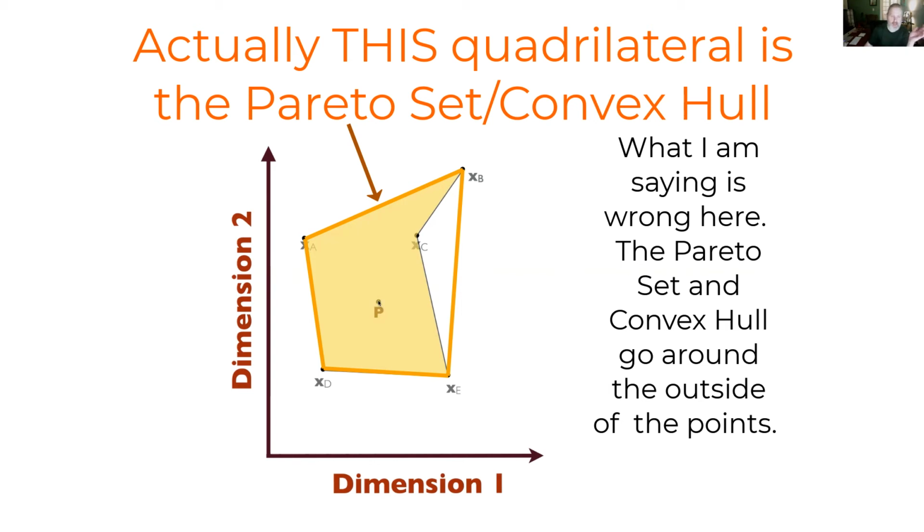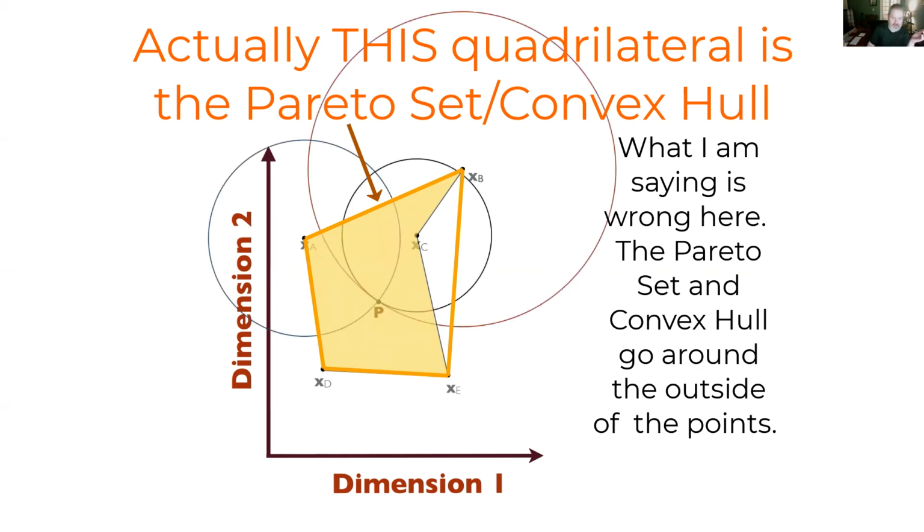So if I drew everyone's indifference curves, and I can do that because I've already done it. If I move away from P, I am moving into some people's preferred-to set. They like it better, but somebody's going to like it worse. I'm moving completely off of someone's indifference curve and going away from their ideal point.